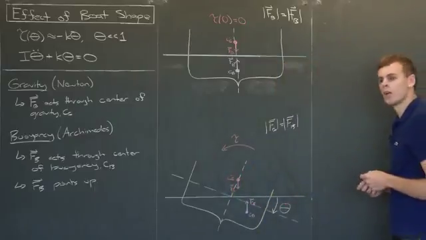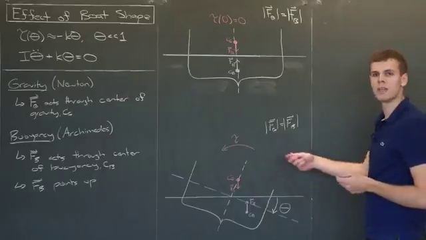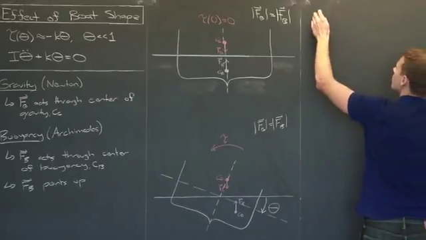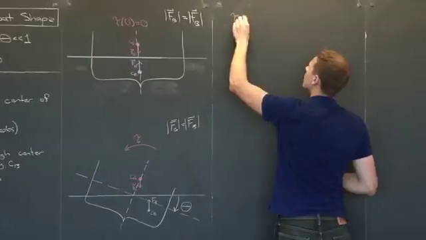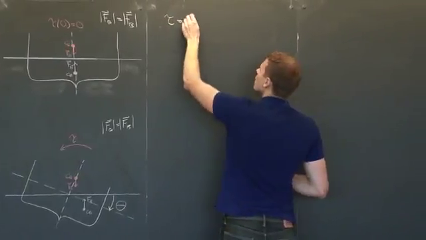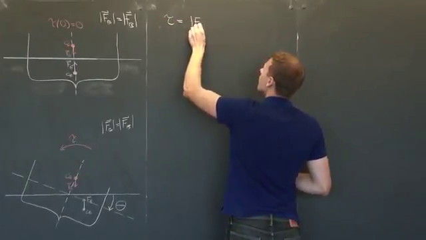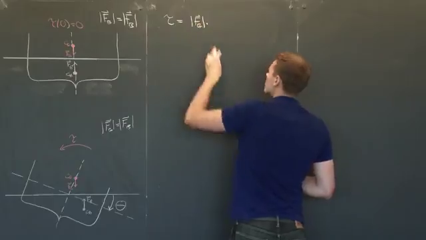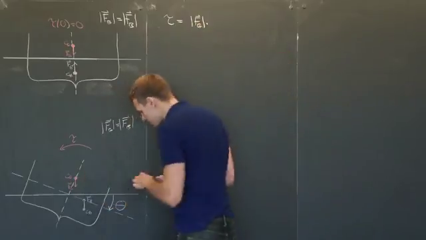From physics, we know that the torque produced by two equal and opposite forces is given by the following expression. It's given by the magnitude of the two forces times the perpendicular distance between them.